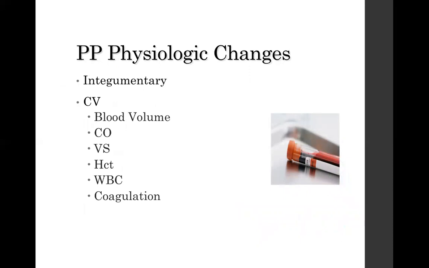The integumentary changes that we see: if mom had the chloasma of pregnancy, we will see that disappear. Linea nigra and some other pigmentations such as the striae of pregnancy, so stretch marks, might not completely disappear.